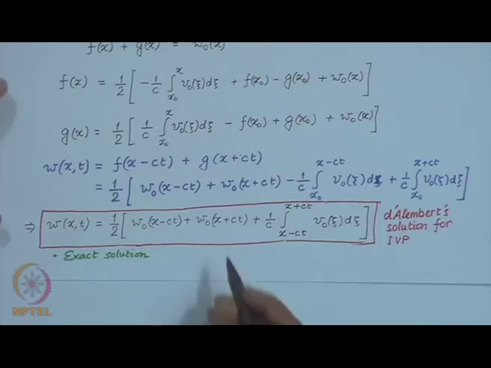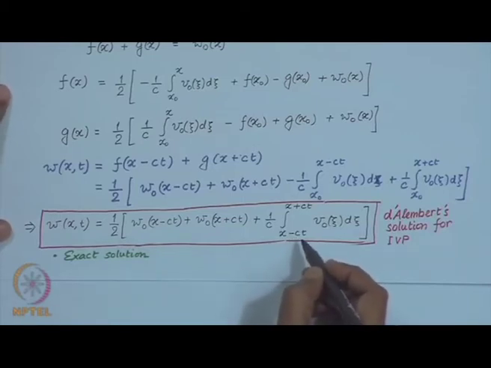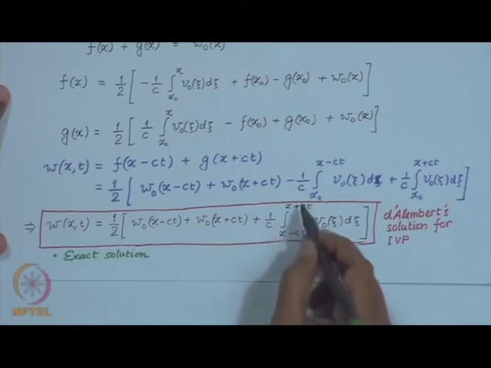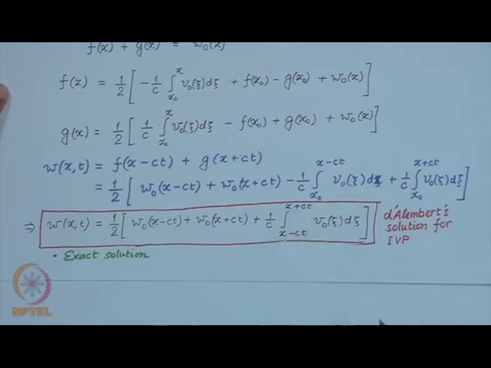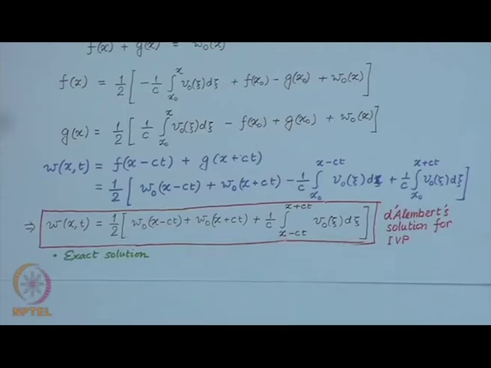The next thing to observe is that the solution is dependent on the velocity distribution. Since this is an integral, the initial velocity distribution is integrated from x minus c t to x plus c t. So, the velocity distribution in this range is of importance for the solution.